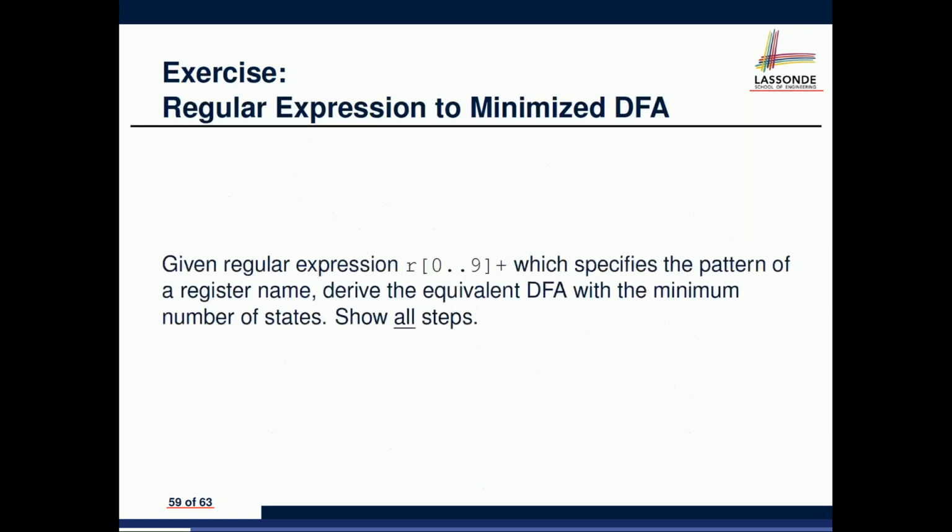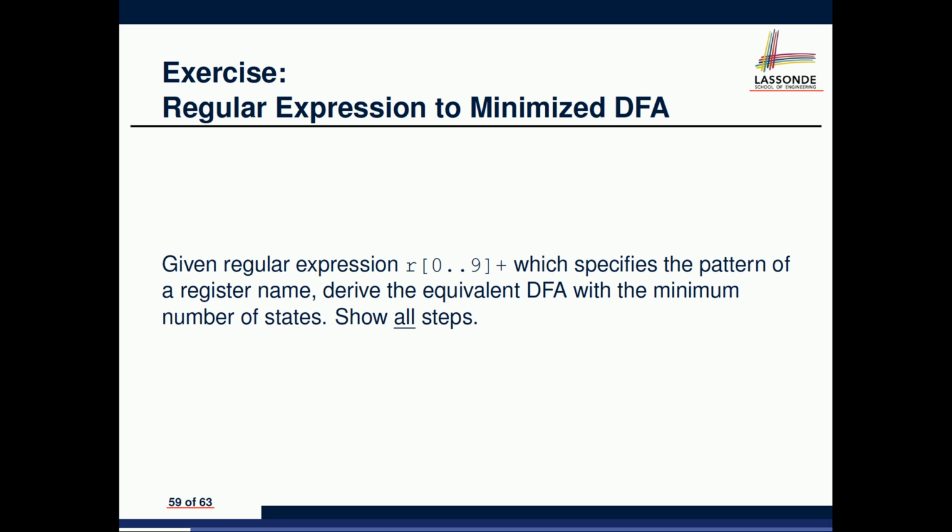And one more. This will be more like a complete example. Let's say I have a regular expression for you, to specify the pattern of a register name. Let's say you've got R. R should be verbatim, the character R, followed by one or more occurrences of 0 to 9.